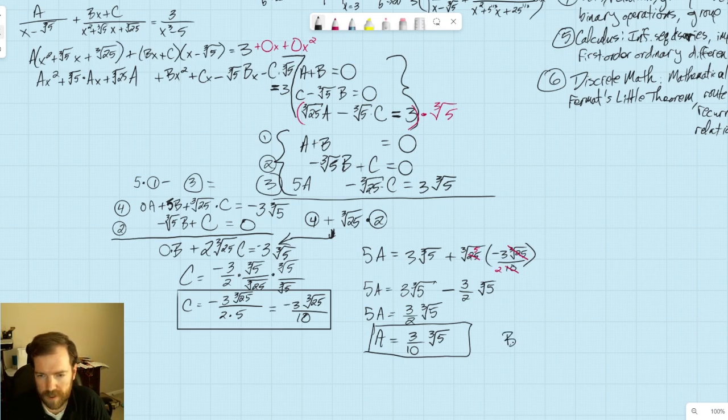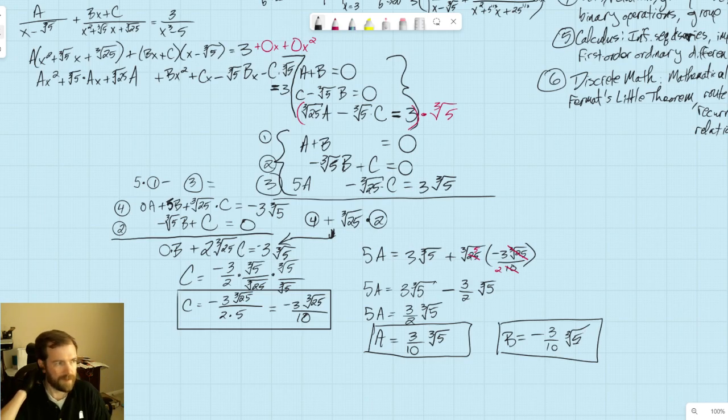All right, so then b is going to be equal to negative 3/10 cube root of 5. All right, so now the gross part. We got this stuff up here, where our a, b, and c all need to be plugged in.